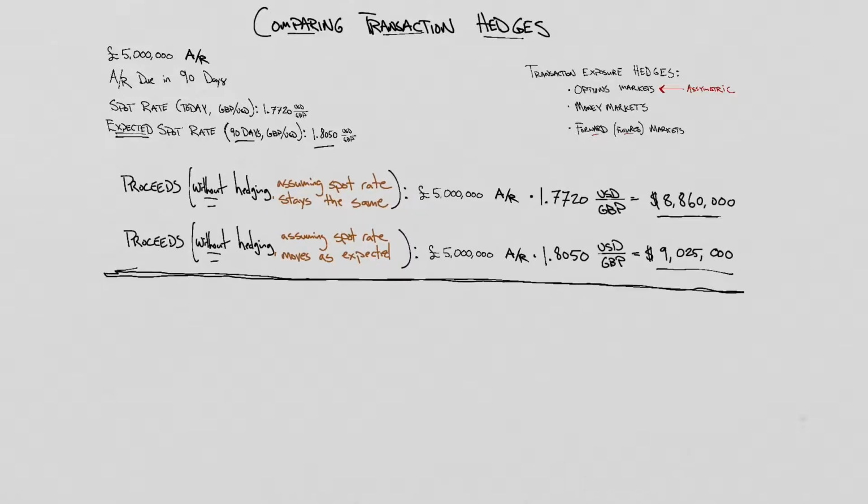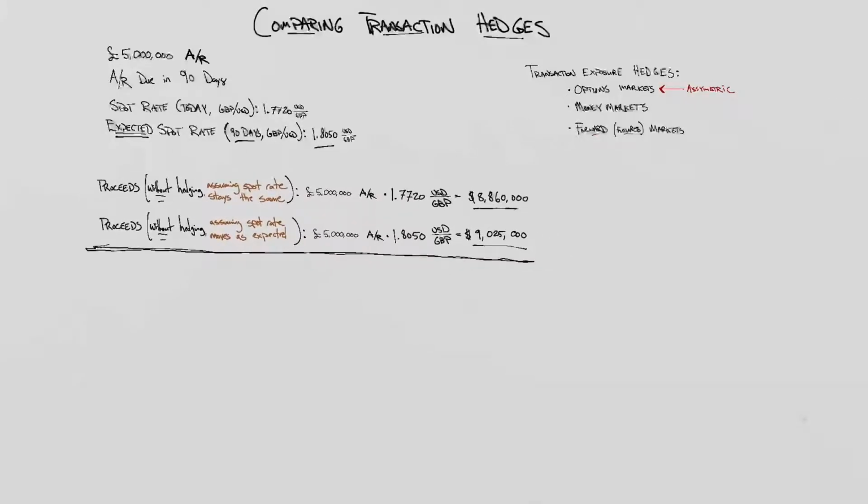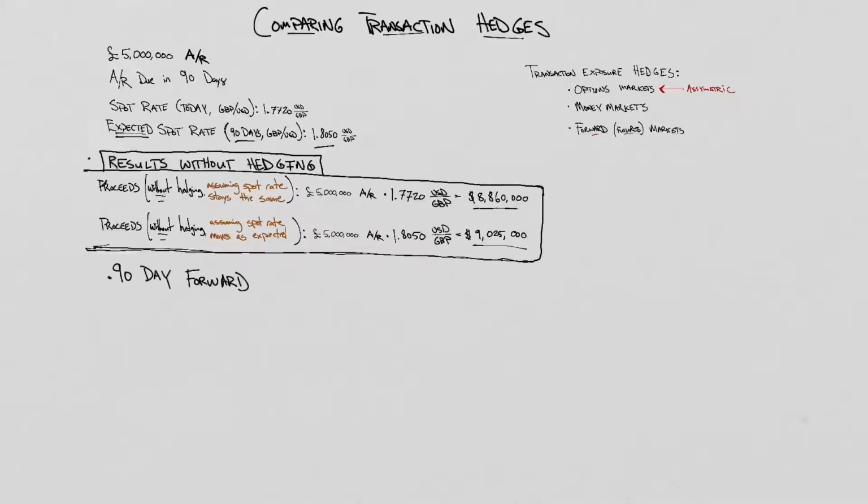So let's say that we try a forward contract to hedge first. Let's say that we went to a bank and got a 90-day forward rate quote in dollars per British pound, and it was offered to us at 1.7470 USD per British pound.